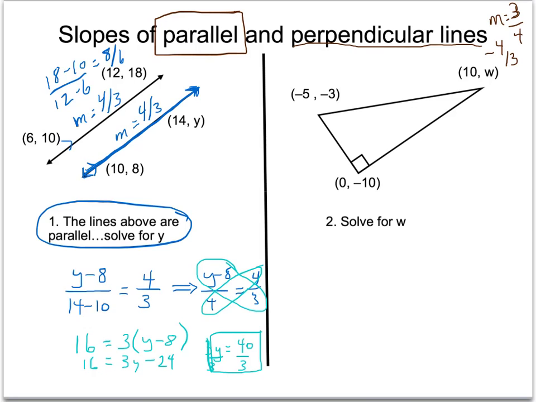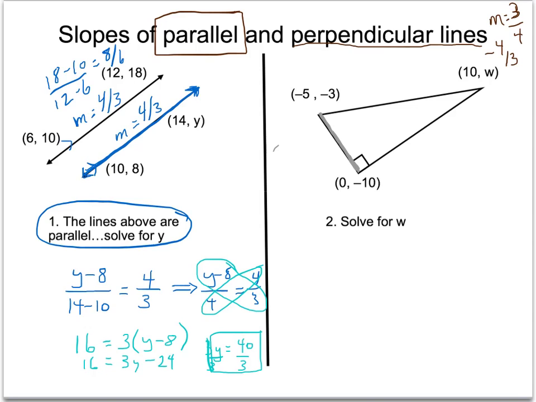Now, let's move on to the problem on the right. The problem on the right is a problem I gave you on the Chapter 4 test, and a lot of people miss this one because they didn't put everything together as far as logic goes. All I'm asking you to do is solve for w. Similar to the problem on the left, but a little bit different. The one thing that we do know for a fact is that we can find the slope of the line I am coloring in gray.